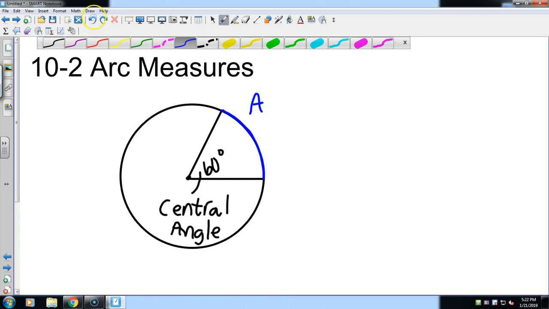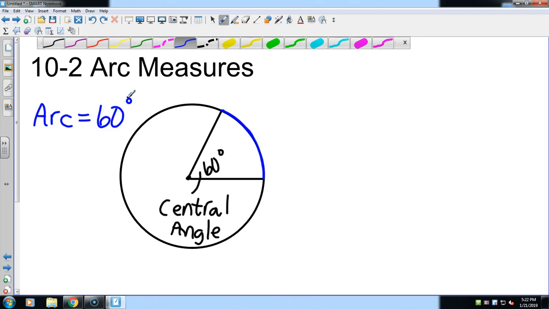If the angle is 60, central angle, then the arc is also 60. And it's part of the circular arc is what you would call it.